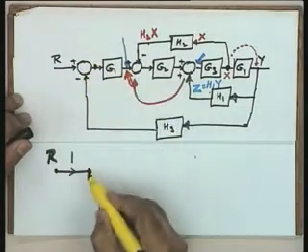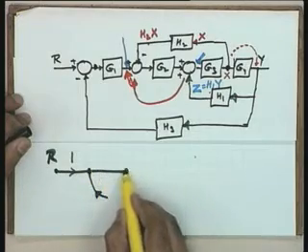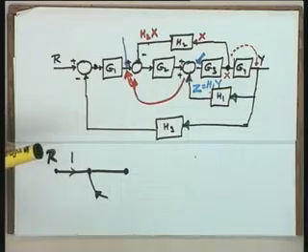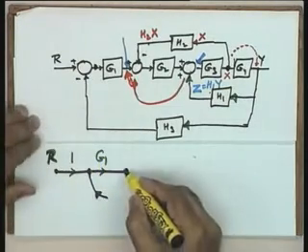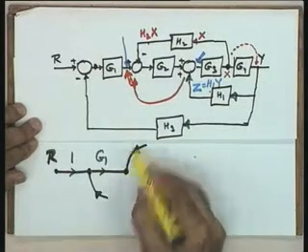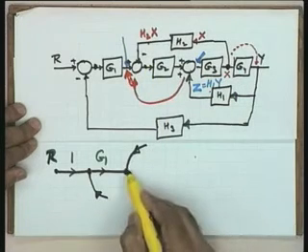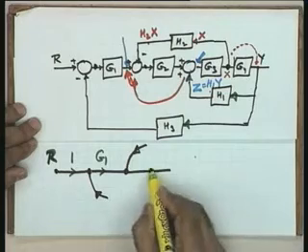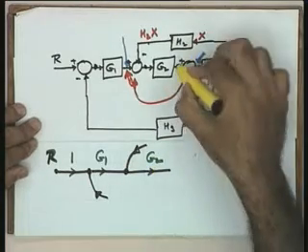This point is available to me here, and hence I multiply it by G1. I am at this point now. I know that a signal is coming this way; I will put an appropriate transmittance later. I am at this point now. This particular signal gets multiplied by G2, and this is this variable.